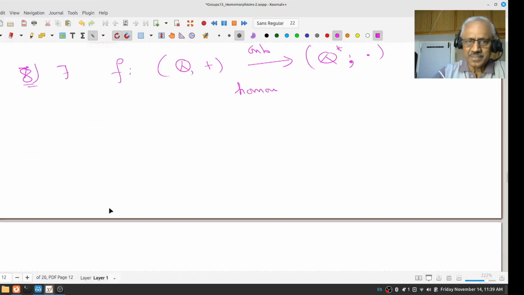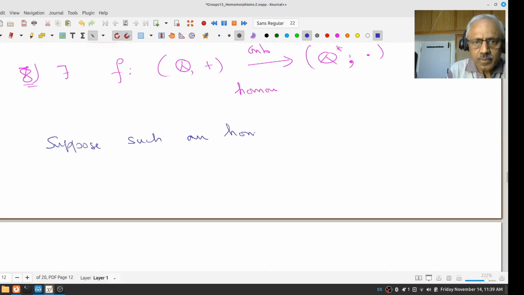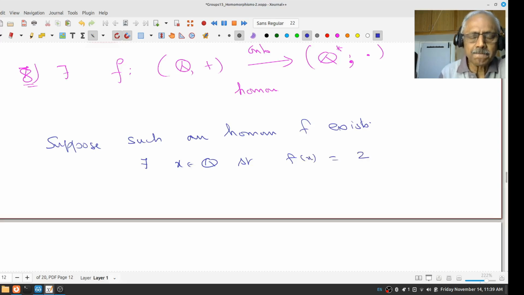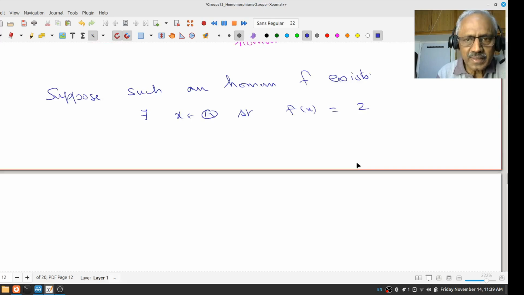Suppose there exists such an f. Then there exists a rational number x in Q such that f of x equals 2.